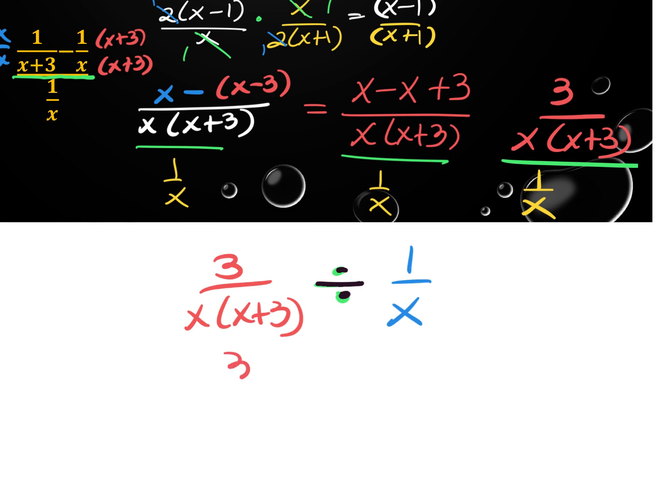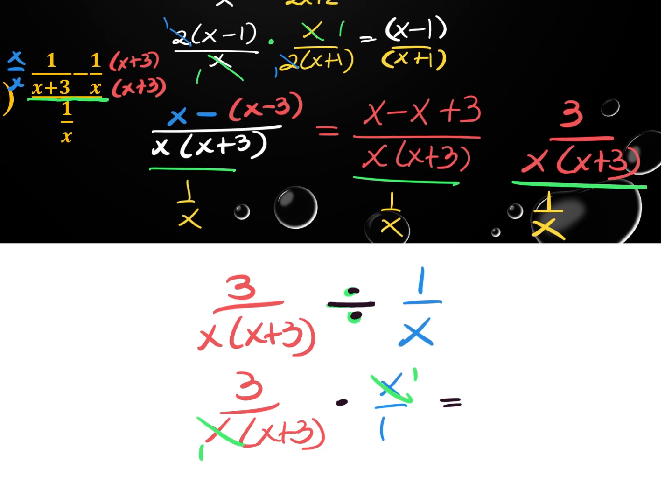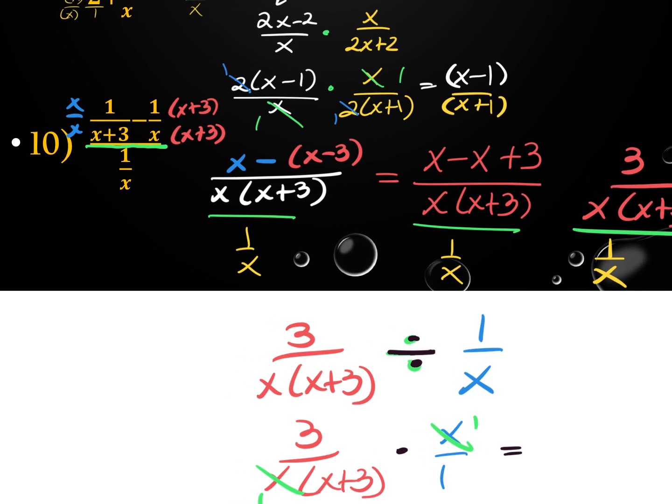So keep the red, change the division to multiplication and flip the blue upside down. The only thing that cancels here are the x's. So now I'm left with 3, and I think I dropped a negative sign. Oh, looky here.